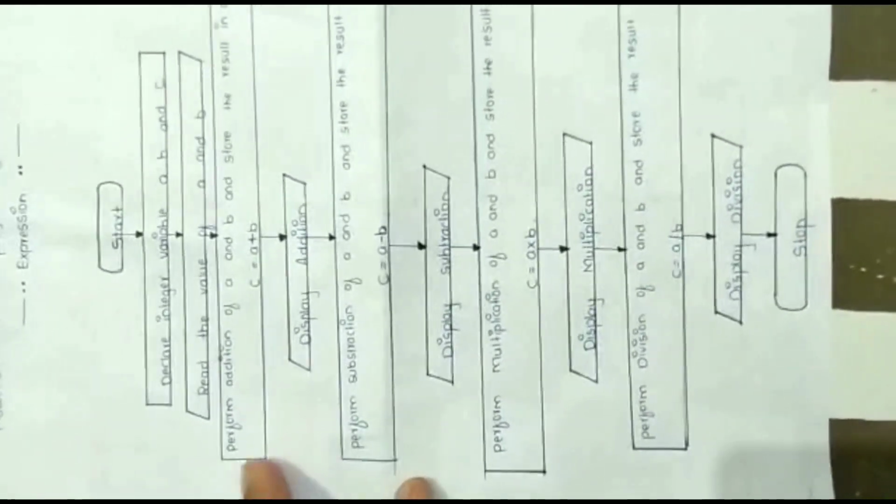So we have written display addition, display subtraction, display multiplication and display division in input and output boxes, and perform addition, subtraction, multiplication and division in processing boxes. And after display division we have written stop in an oval box. This is our flowchart of the algorithm of arithmetic expression. Now we will go to the program.